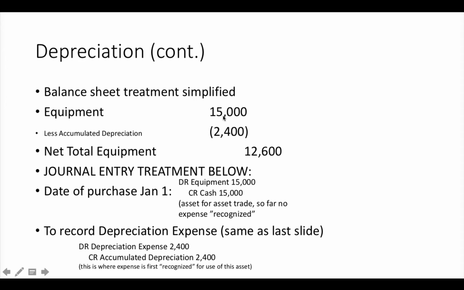And then as you accumulate depreciation, so this is basically showing after 1 year's worth of depreciation here. But as years pass, this number will rise, and so your total net equipment value would be your total cost minus any depreciation that you have already recognized. So obviously this will continue to go down.